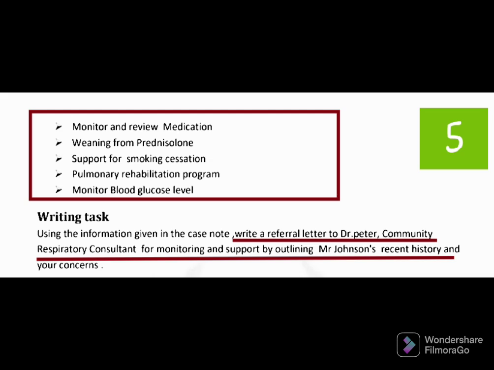Then regarding the prednisolone, you just mention weaning gradually. Then smoking cessation and pulmonary rehabilitation program together you can write in one sentence, and blood glucose level you can write along with the review of medication. In this way you can make the recommendation paragraph concise.